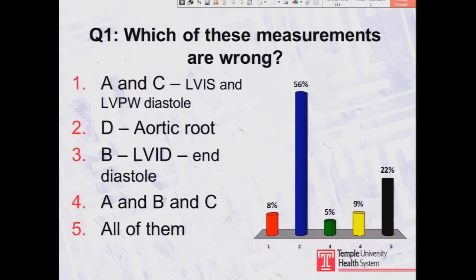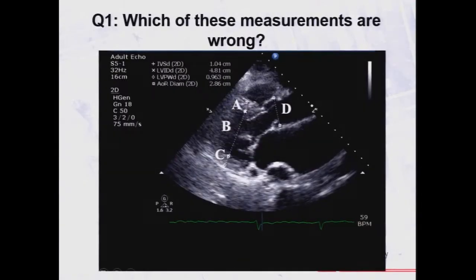Okay, so it was felt that the aortic root measurement was wrong, but in fact they're all wrong. And the reason is, if you look at this, this is systole, the aortic valve is open. So none of these diastolic measurements are correct. This is a clip from one of our sonographers who had to be readjusted.